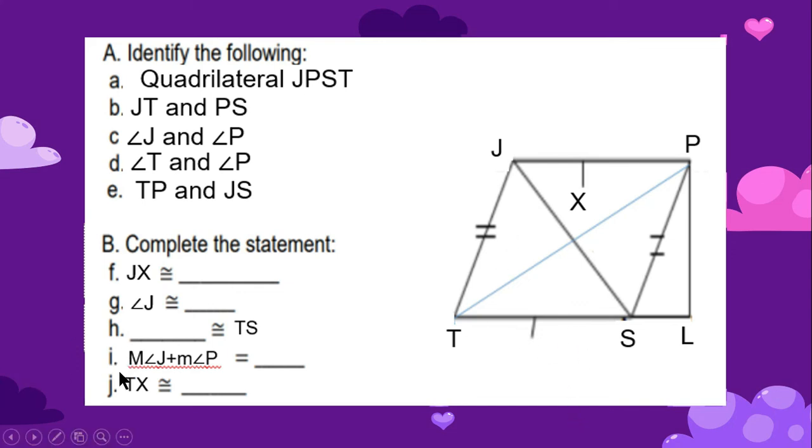And then letter I, the measurement of angle J plus the measurement of angle P is equal to, since they are supplementary, the sum should be 180 degrees. And then letter J, TX is congruent to, according to the fifth property again, diagonals bisect each other. Therefore, TX is congruent to XP. And that is all.